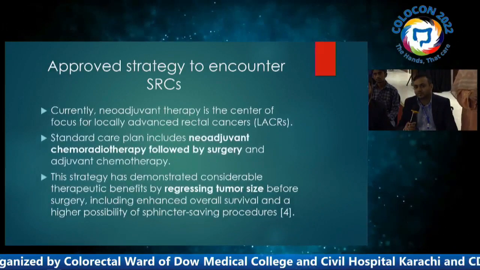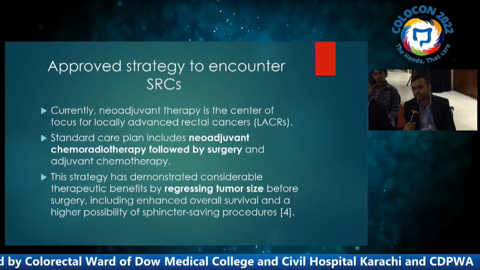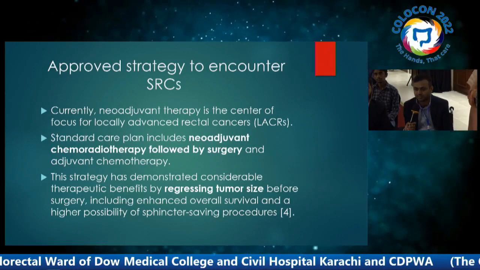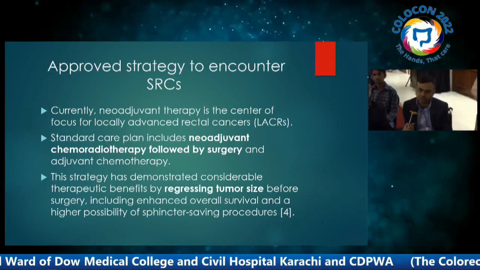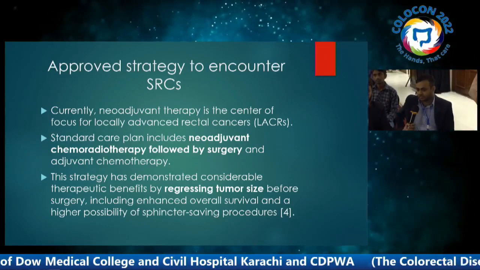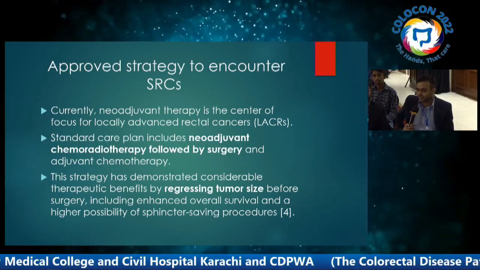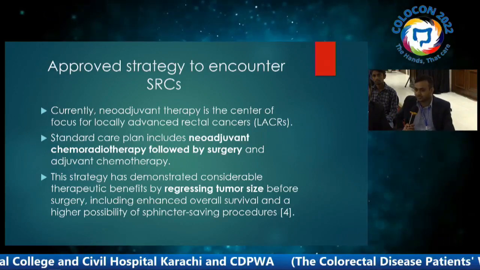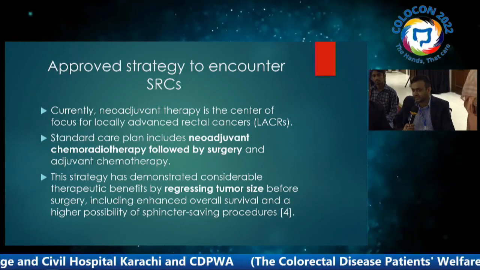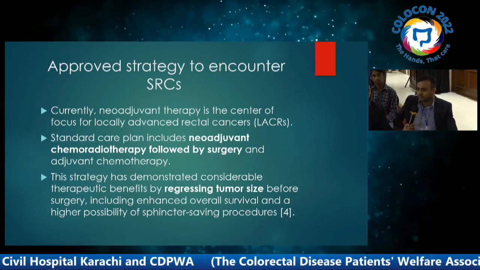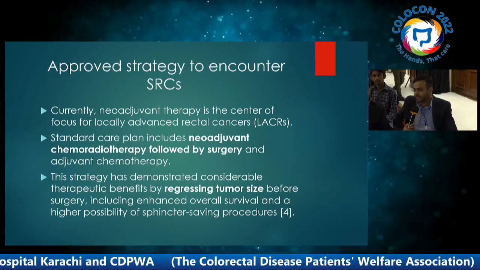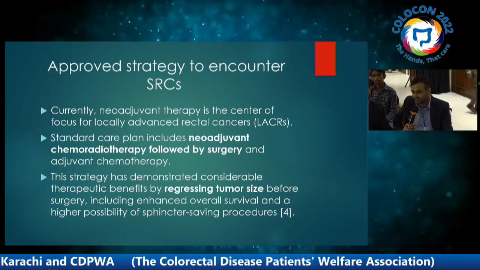So what is the appropriate approved strategy to deal with these cells? Normally we do neoadjuvant chemotherapy to shrink the tumor size in the rectum, so that we get a cuff of at least 2 to 3 centimeters of tissue, so that a low anterior resection or sphincter saving surgery can be performed.